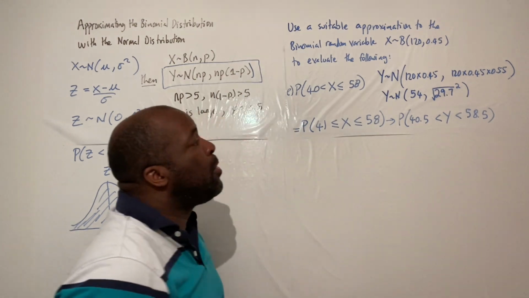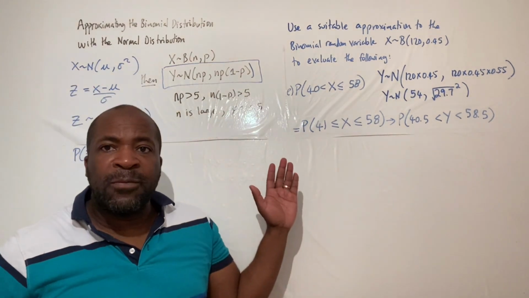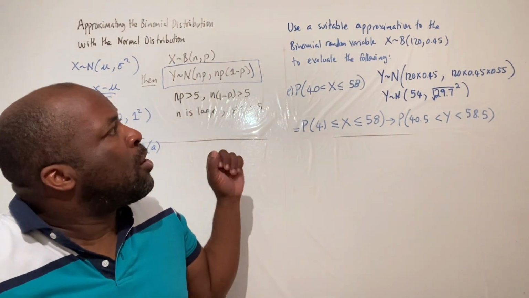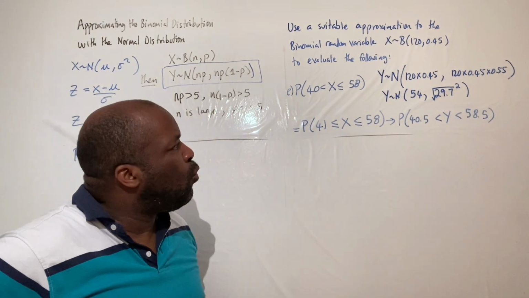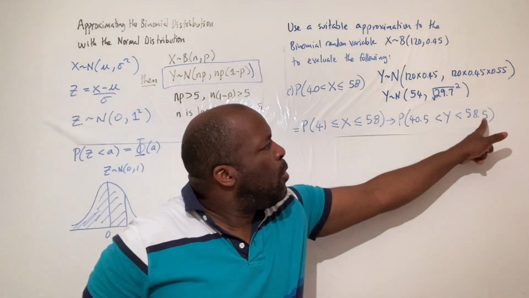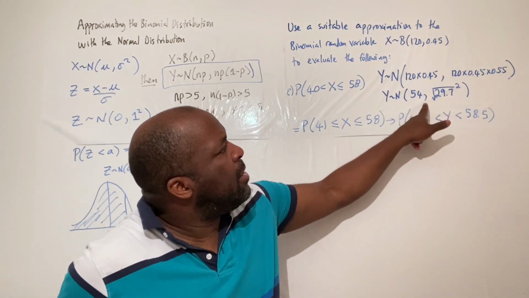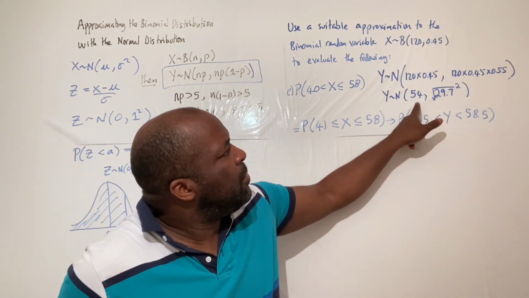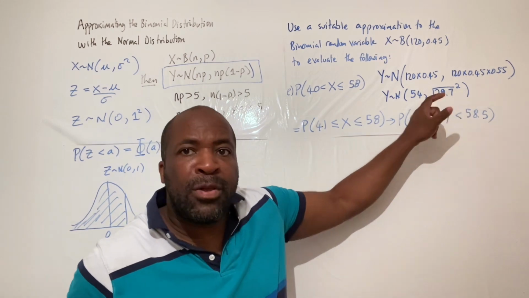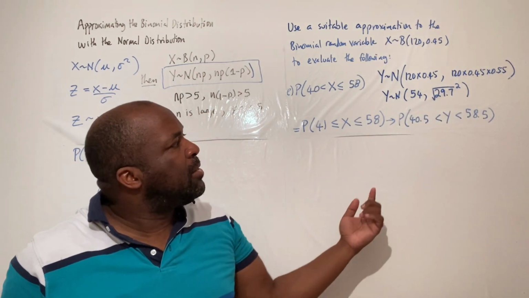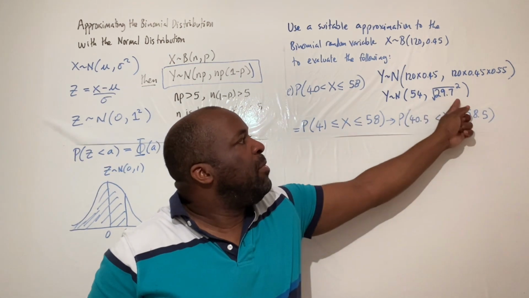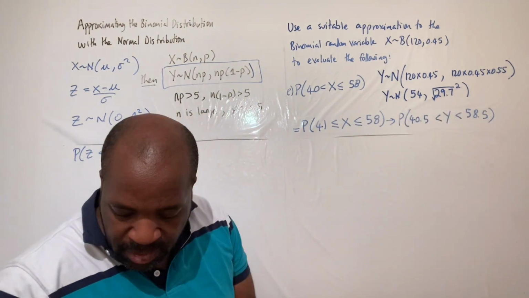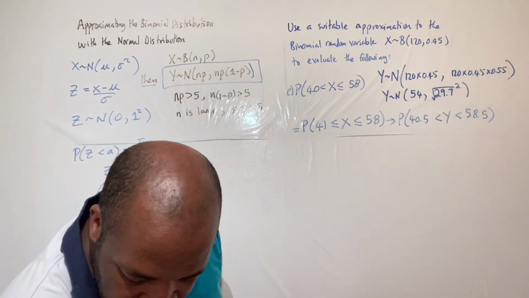And recall, because we're moving from a discrete random variable x to a continuous random variable, we don't keep x, but we change x to y. So here now, we can apply NCD, the normal cumulative distribution function on the calculator, where this is our lower and that's our upper limit, and these are the parameters for the normal distribution function.